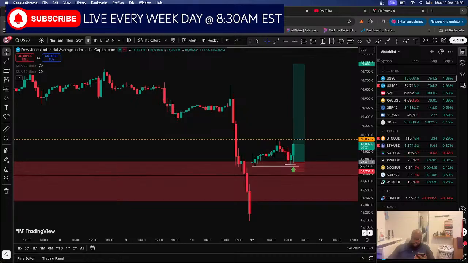Keep pushing. Last 10 seconds. Push, push, push. And the next candle should gap up or something, man.